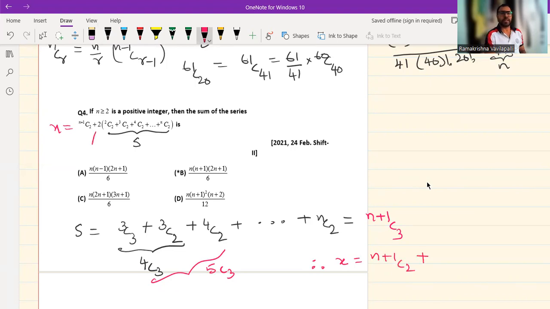Here outside 2 is there, so I will write (n+1)C3 plus (n+1)C3. Again using nCr plus nC(r-1), this gives (n+2)C3 plus (n+1)C3. Please expand these two and simplify, you will get the answer.